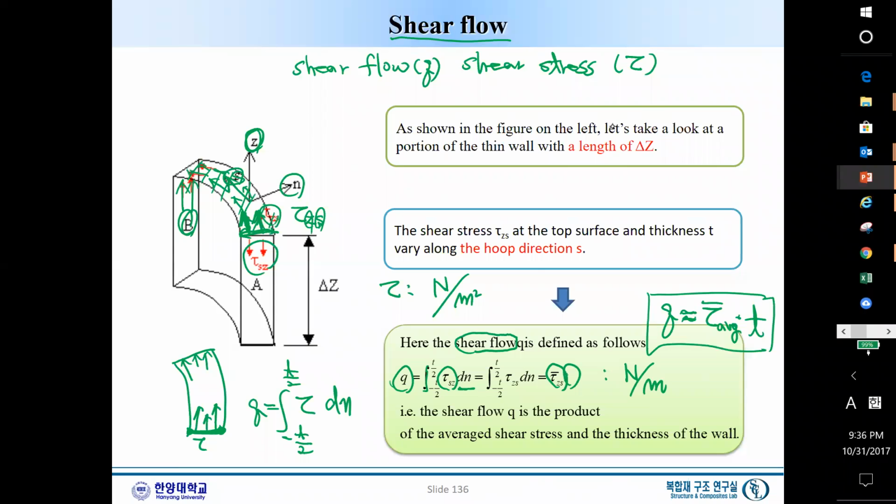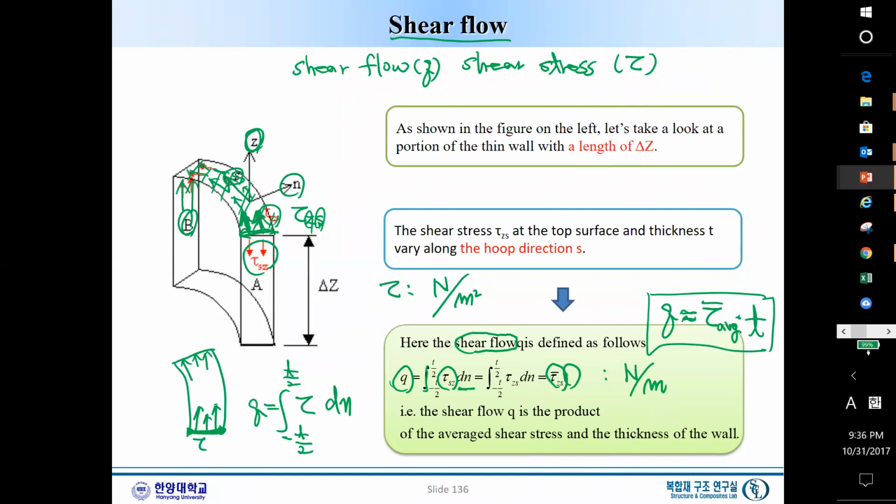So this Q, the shear flow, is defined as the average shear stress times thickness.